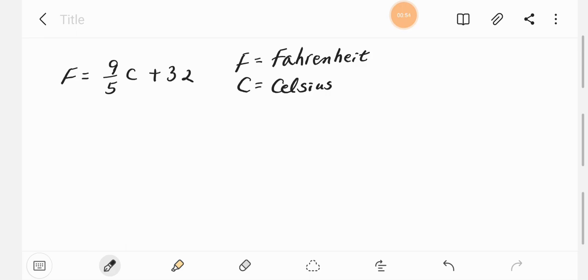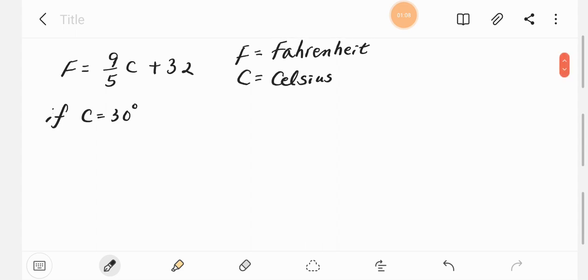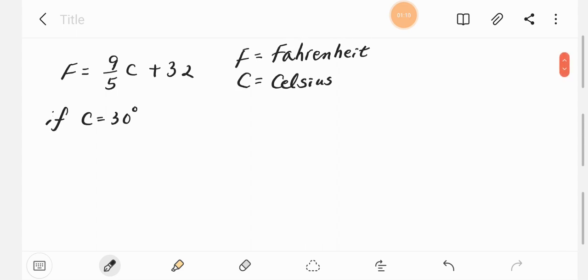Let's say the Celsius is 30 degrees. This is a relationship between the Fahrenheit temperature F and the Celsius temperature C.